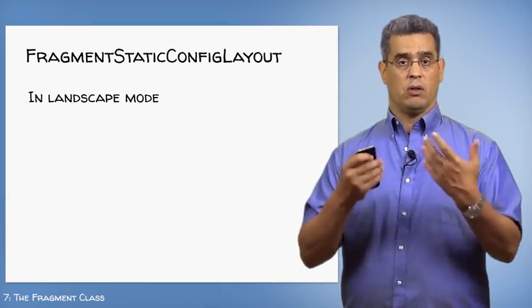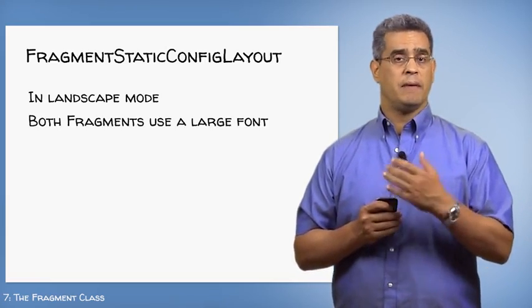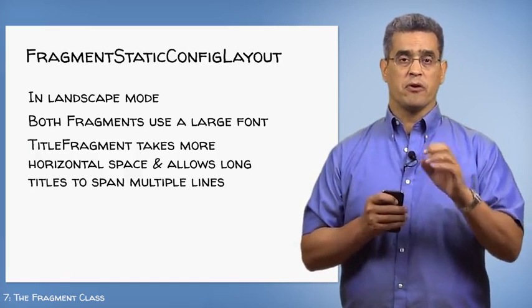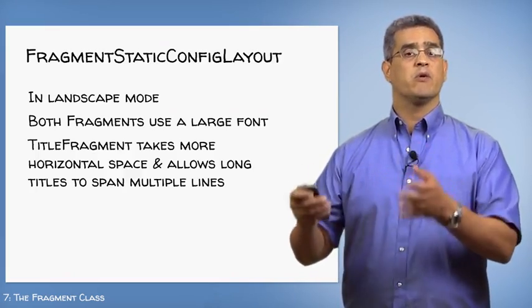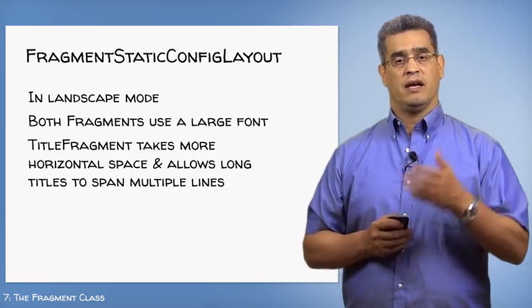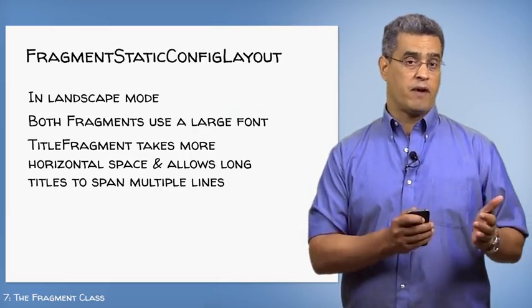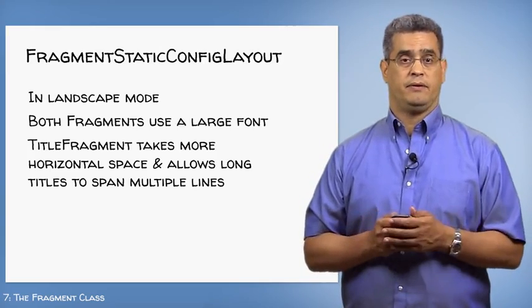Both fragments use a large font of size 32 SP or scale-independent pixels. The title fragment takes about 1/3 of the horizontal space, while the quote fragment takes the remaining 2/3 of the space. And if a title is too long to fit on a single line in the title fragment, that text will simply wrap around to a second line.